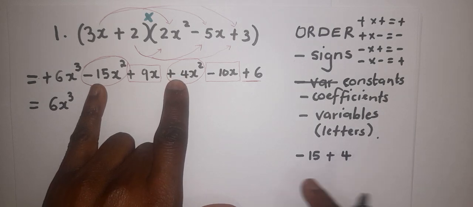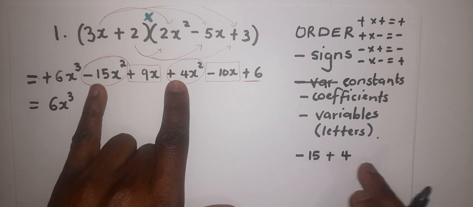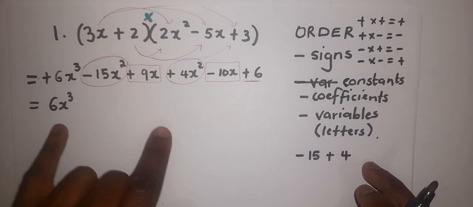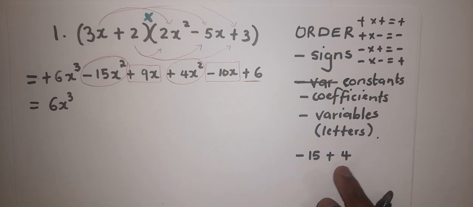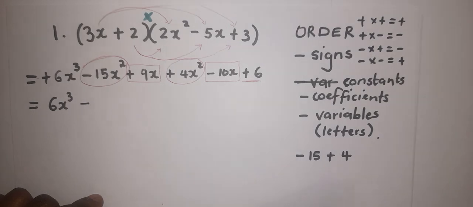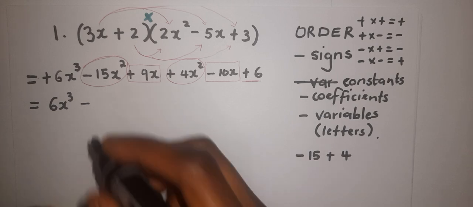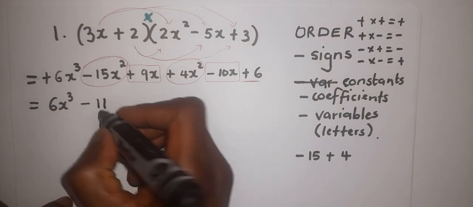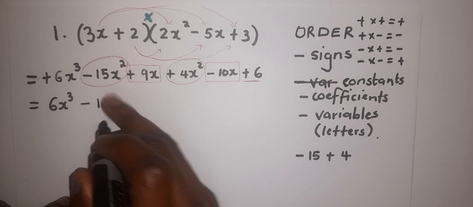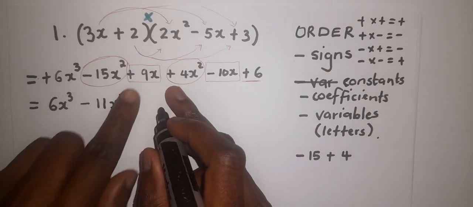So you can do it without the variables, and then look at these as integers with different signs, and we know that with integers with different signs, we always keep the sign of the bigger integer, which is a negative, and then we simply subtract these two integers. Subtracting the two, 15 minus 4, we get 11. And then what is the variable that goes with these two? It's actually x squared.